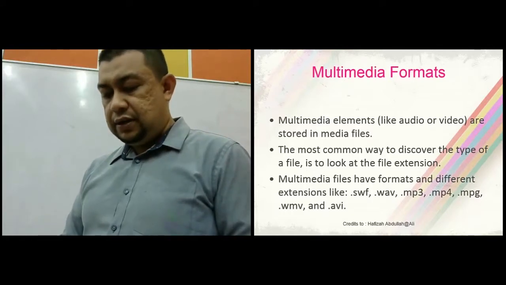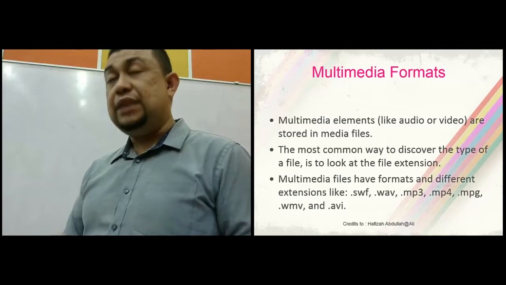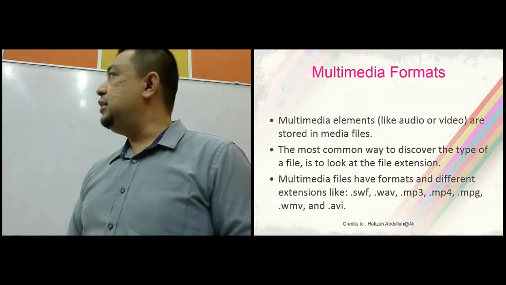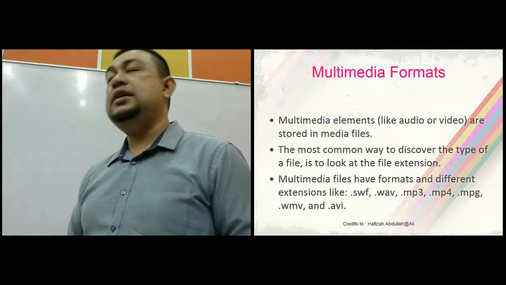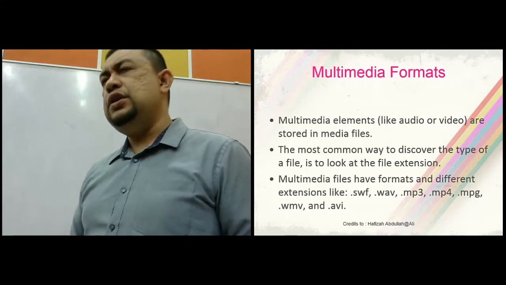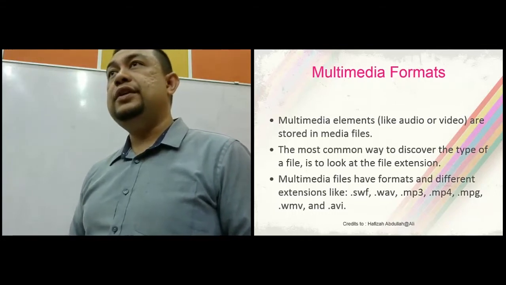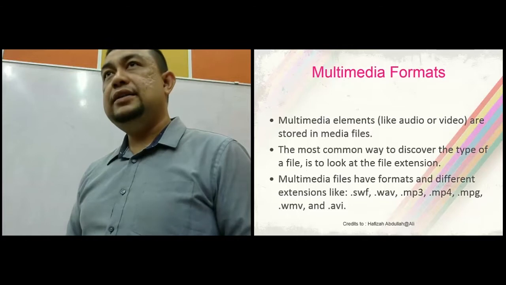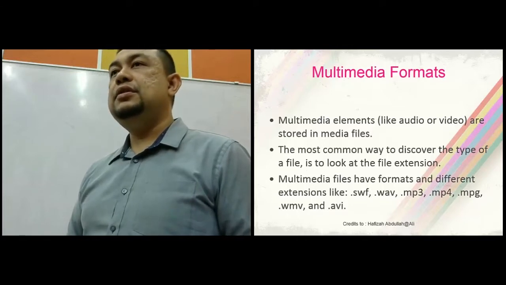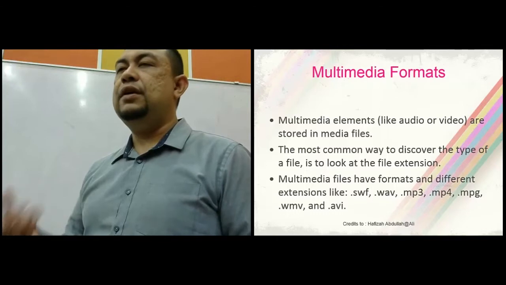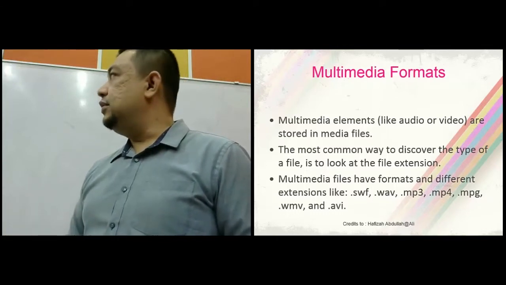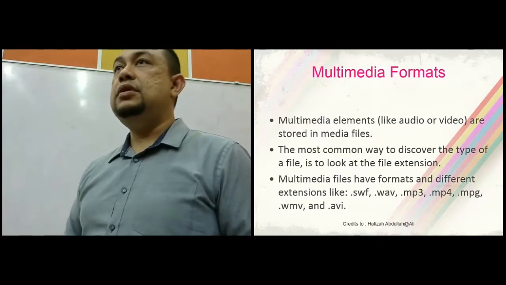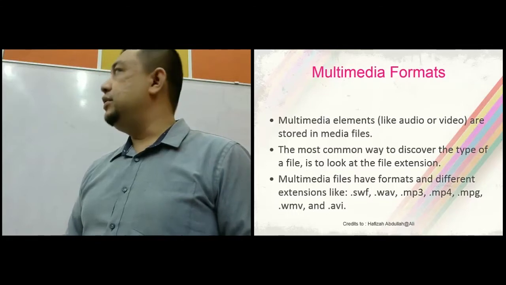Multimedia files have different formats and extensions. For example, you usually use MP4 for playing video, or AVI, or MKV, or you share your video files with friends in these formats. But not all file formats are supported by your browser.